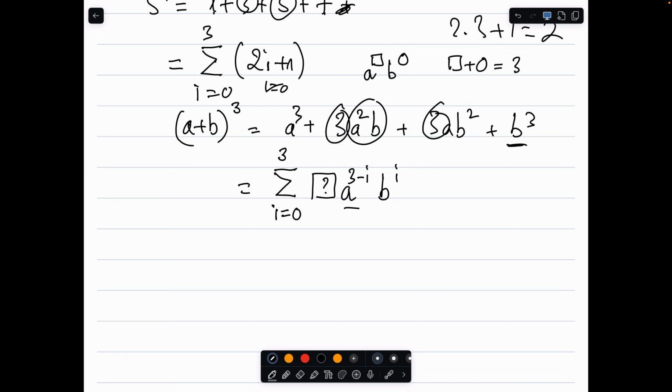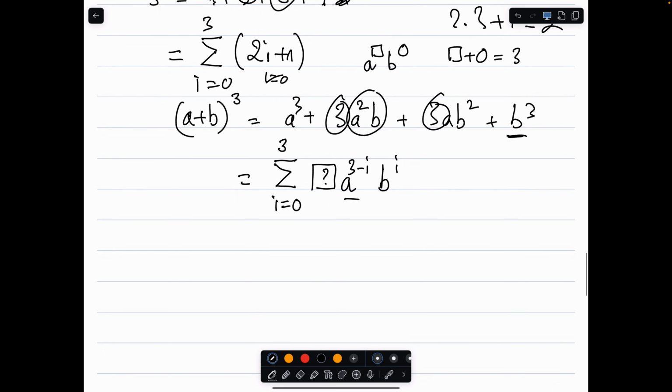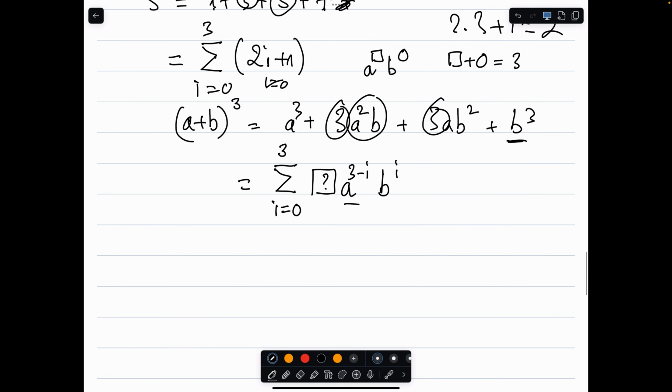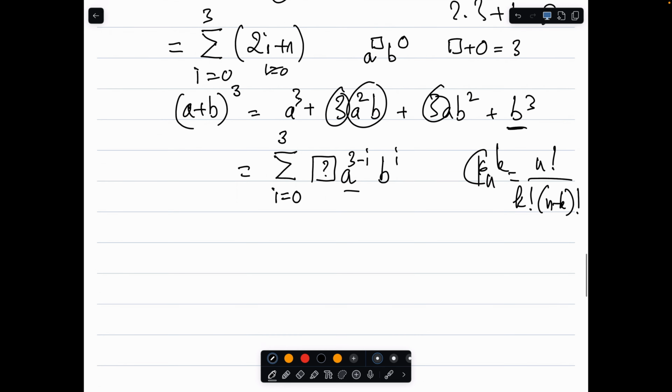Of course, if you already know combinatorics, what they call combinations, C(n,k) = n!/(k!(n-k)!), then it's a different story.